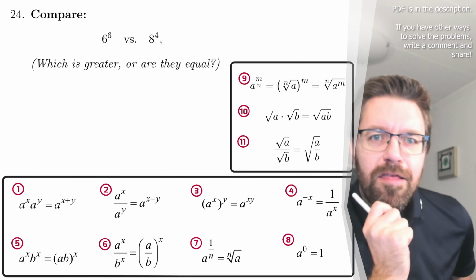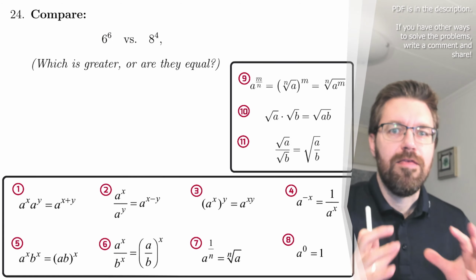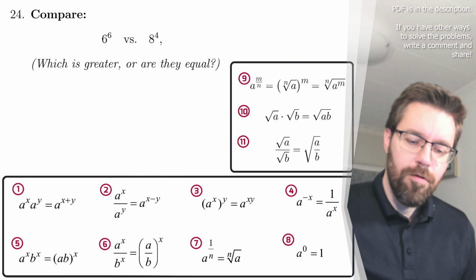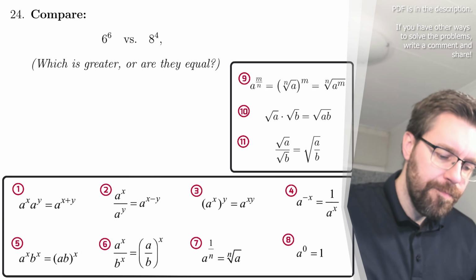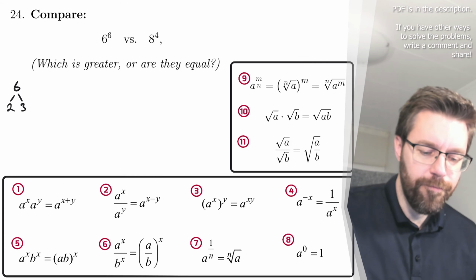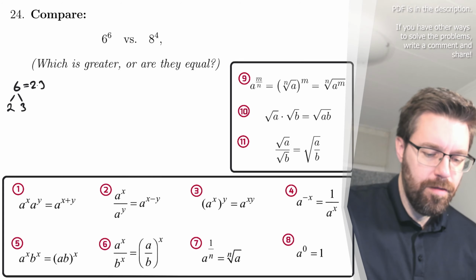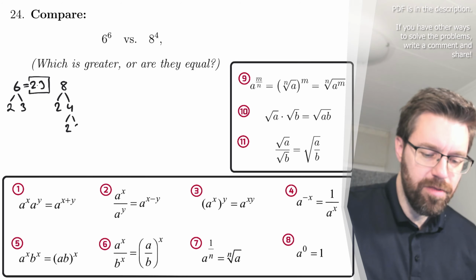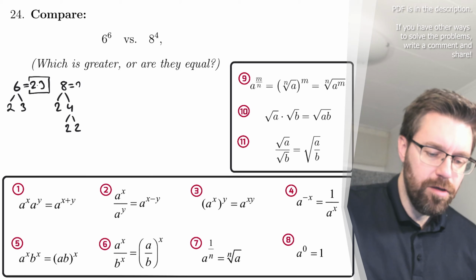So the things that we can do is to factorize the bases. Okay, so number 6, we can say that it equals 2 times 3, of course, like this. And number 8 equals 2 times 4, but 4 equals 2 times 2, so 8 equals 2 raised by 3.